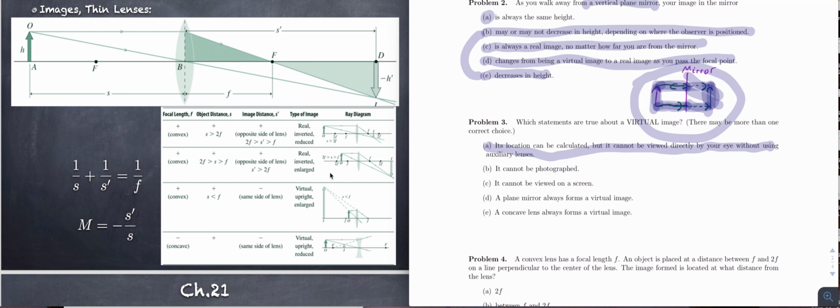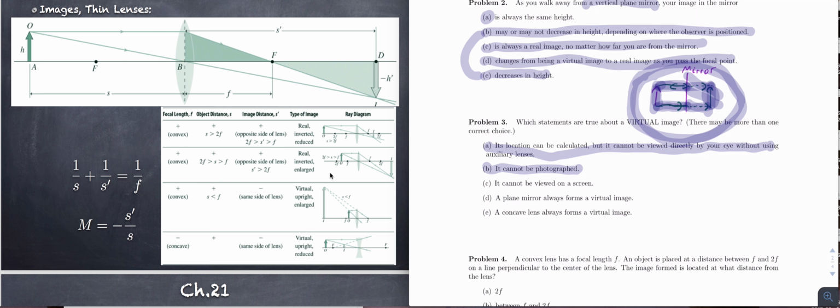It cannot be photographed. Well, that's wrong again, because we've all taken selfies by looking in the mirror, and you know the person took the picture in the mirror because you see their cell phone as they're holding it up.